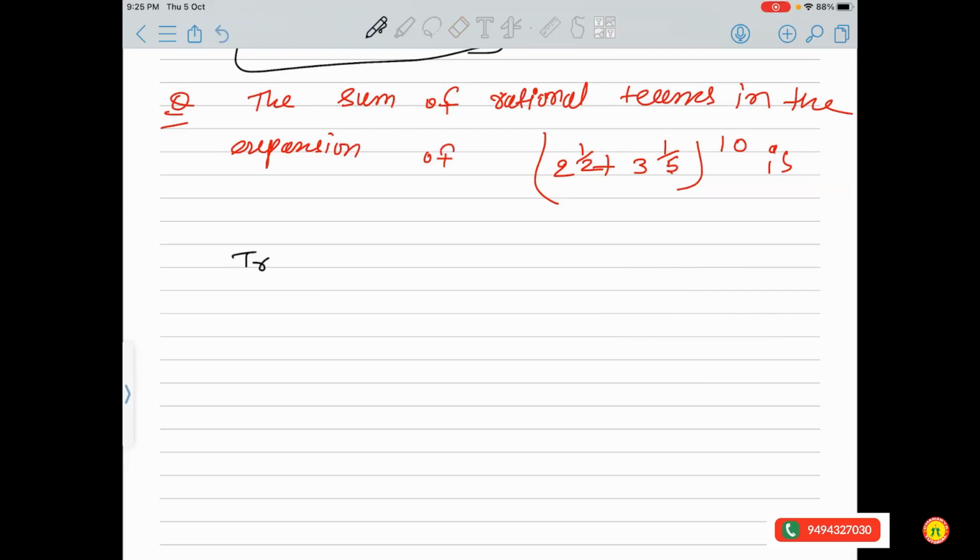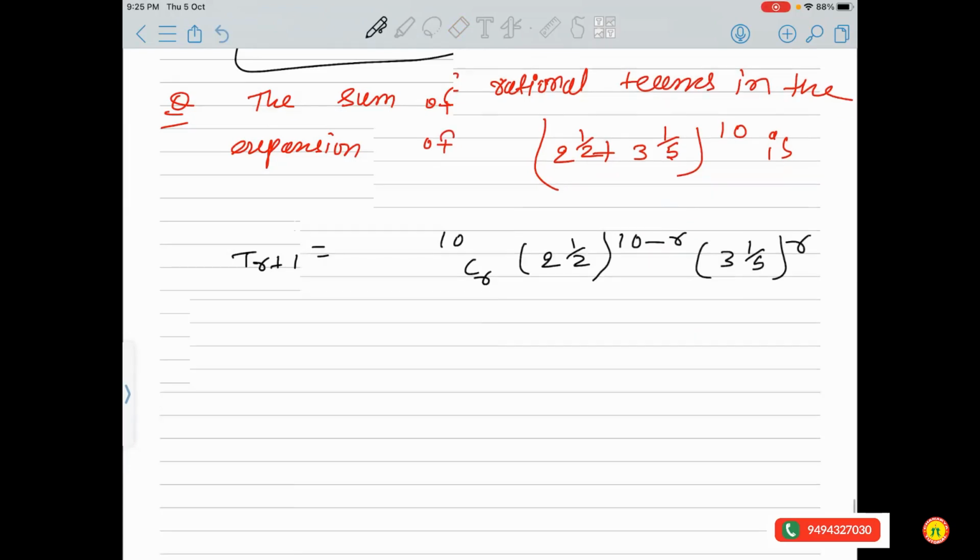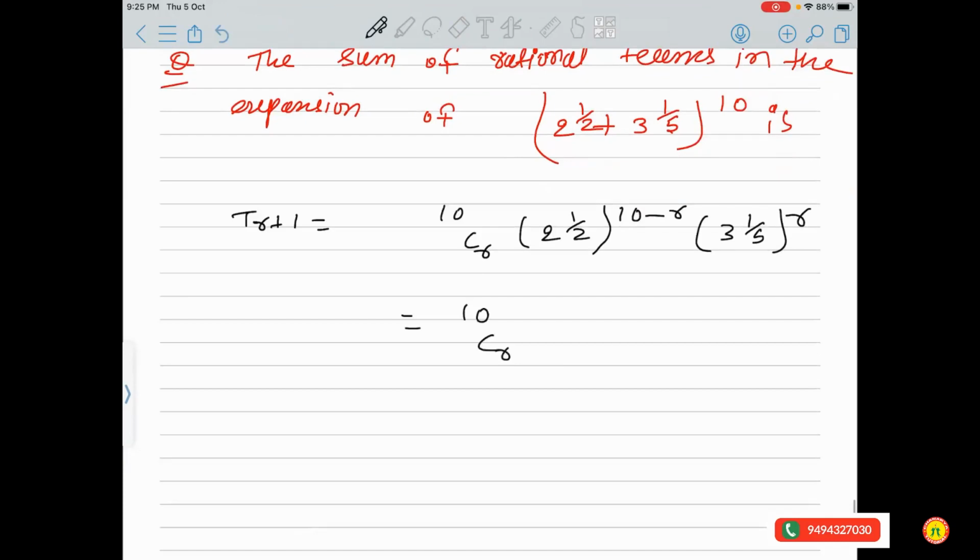So the Tr plus 1 term is equal to 10Cr 2 power 1 by 2 into (10 minus r), right? And 3 power 1 by 5 into r, right? So it becomes 10Cr 2 power (10 minus r) by 2 into 3 power r by 5.